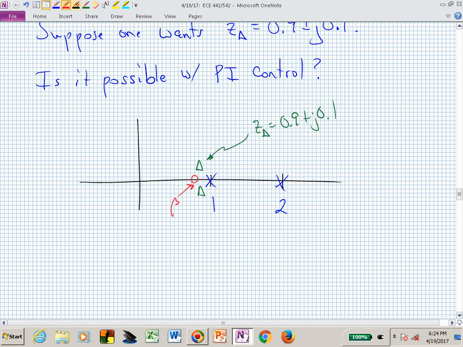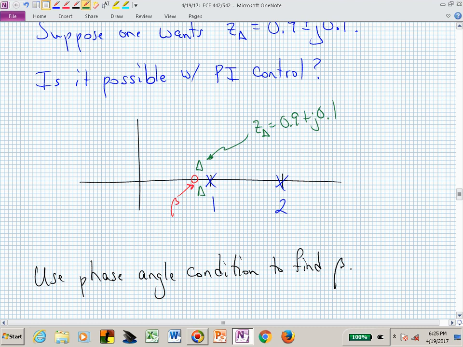Meaning, what I'm trying to do is I want to now use the phase angle condition to find beta. Now I've already picked z sub delta, and I know I have a pole at 2 and I have a pole at 1.